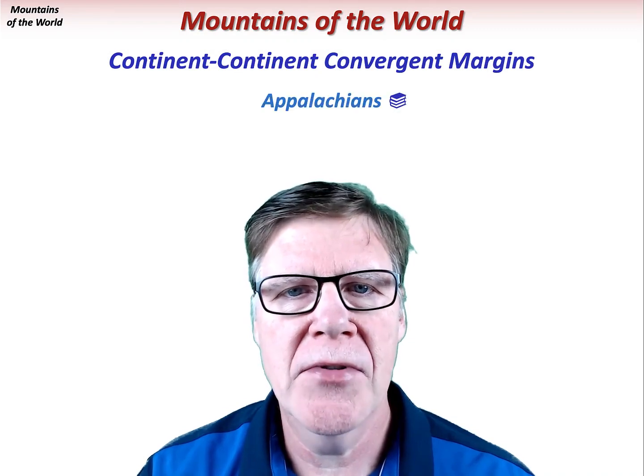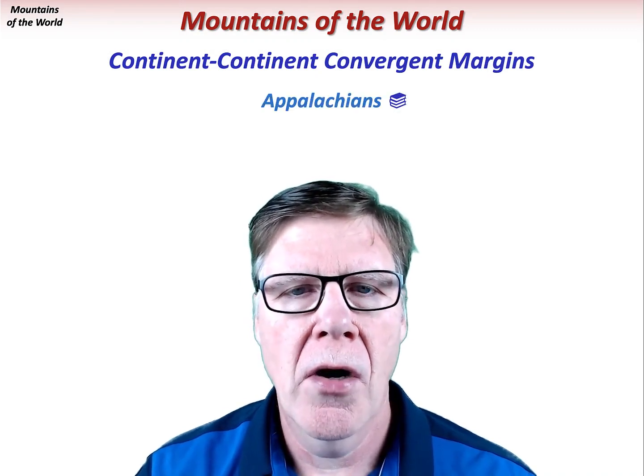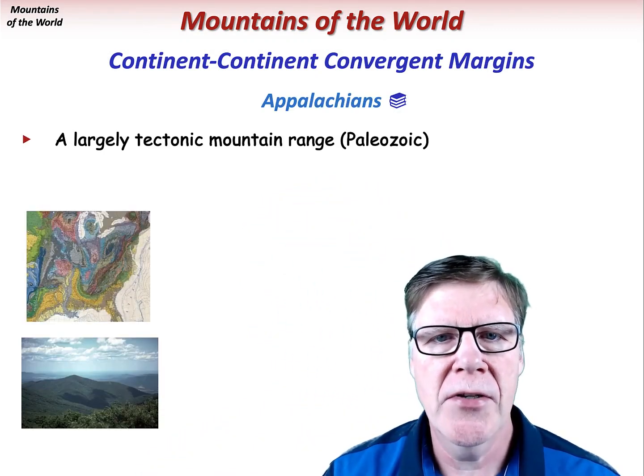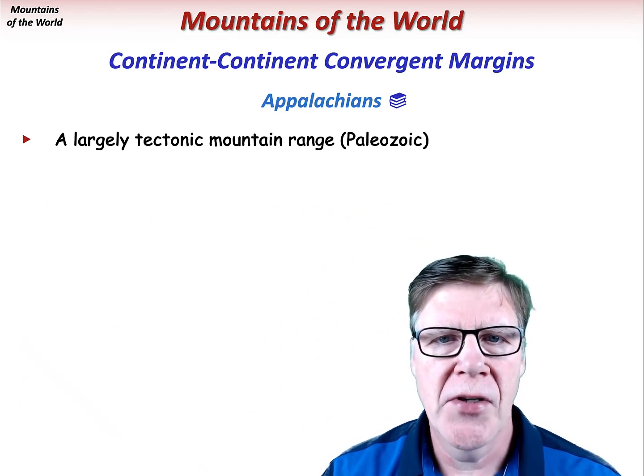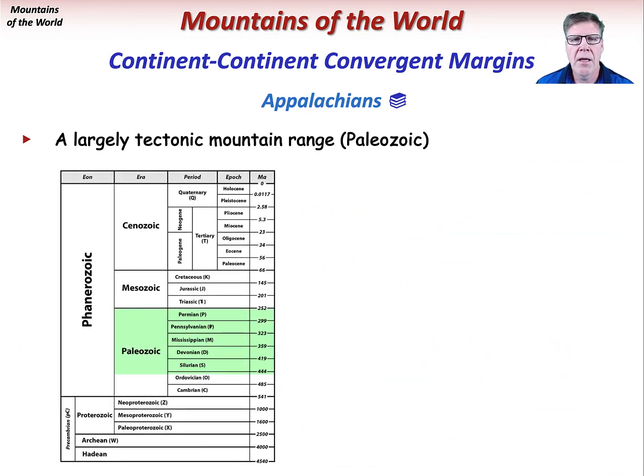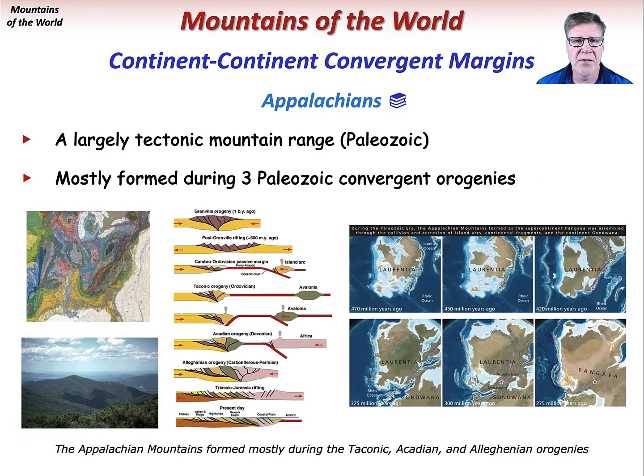The Appalachian Mountains of eastern North America are a largely tectonic mountain range that formed during the Paleozoic era. At least 3 separate orogenic events occurred during that time. The Taconic orogeny resulted from an island arc collision during the later part of the Ordovician period. The subsequent Acadian orogeny was due to a collision with the microcontinental fragment Avalonia during the Devonian.